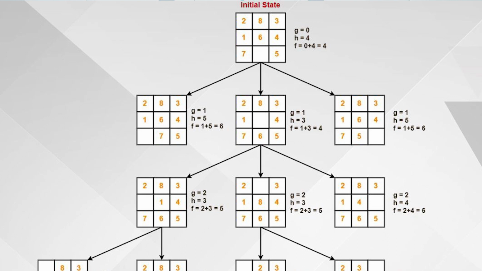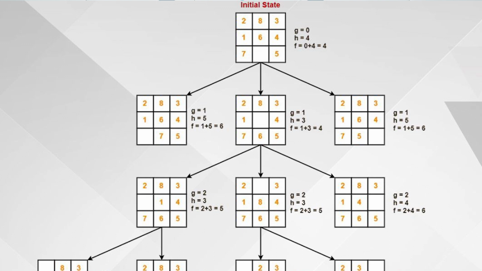First, the next one is 2, 8, 3, 1, 6, 4 blank 7, 5. So, here G is equal to 1, H is equal to 5. So, F is equal to 1 plus 5, that is 6. Our next option is 2, 8, 3, 1 blank 4, 7, 6, 5.